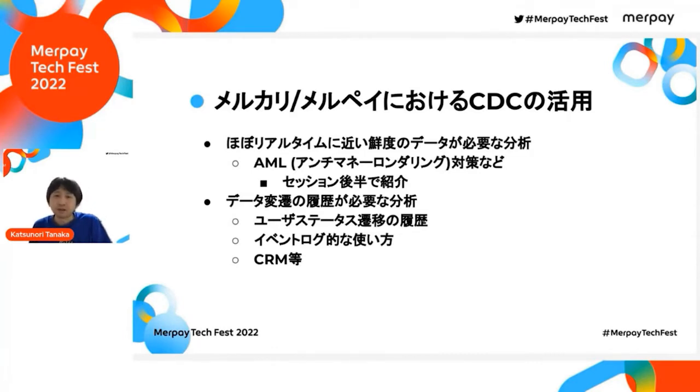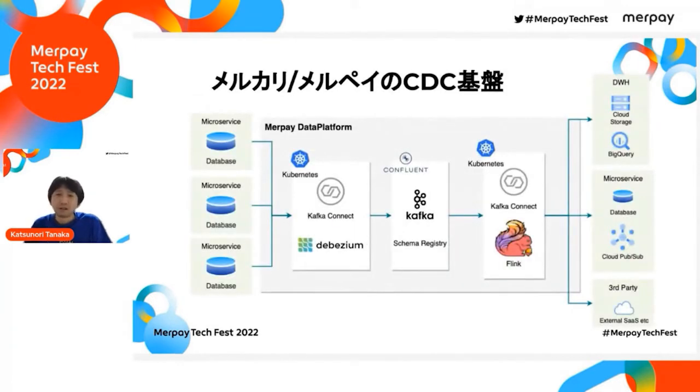Now, let me show you an overview diagram of the CDC infrastructure that is developed and operated by the data platform team. On the far left are the microservices and their databases that make up the actual services. From there, their data is retrieved by a cluster of Kafka Connect built within a Kubernetes cluster and Debezium, the OSS for CDC.